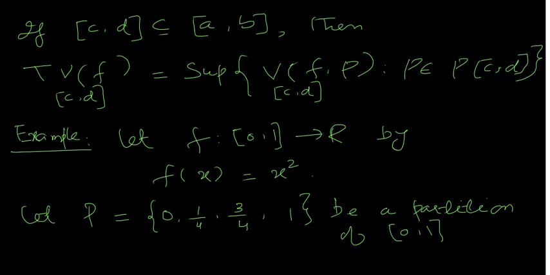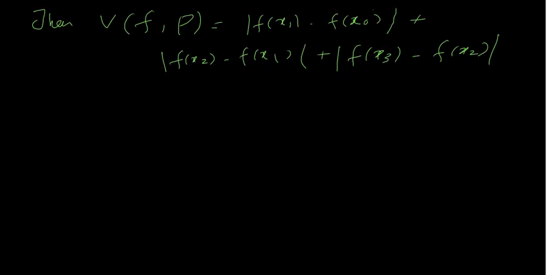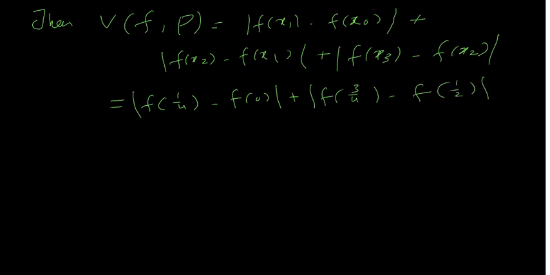These are the partition points, and that's equal to mod of f of x1, meaning f of 1 by 4, minus f of x0, meaning f of 0, plus mod of f of x2, meaning f of 3 by 4, minus f of x1, meaning f of 1 by 4, plus mod of f of x3, meaning f of 1, minus f of x2, meaning f of 3 by 4.